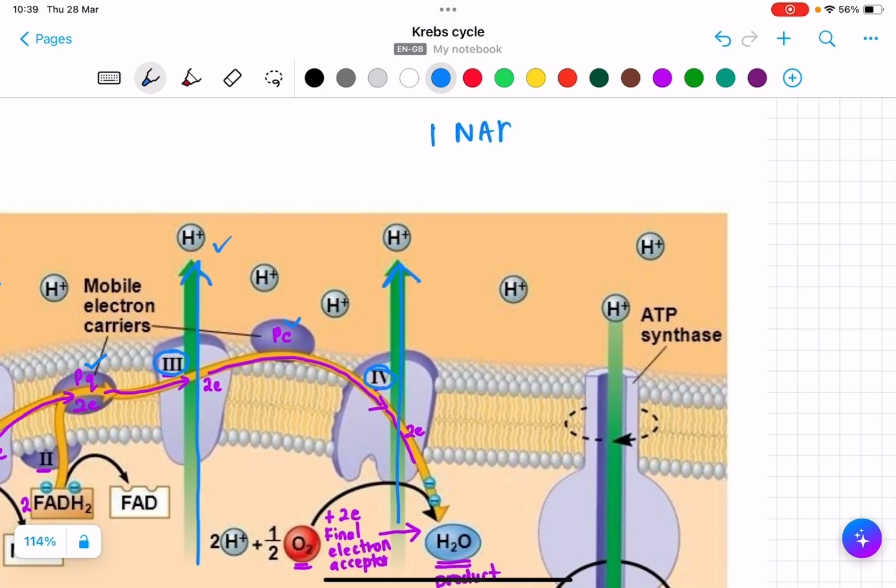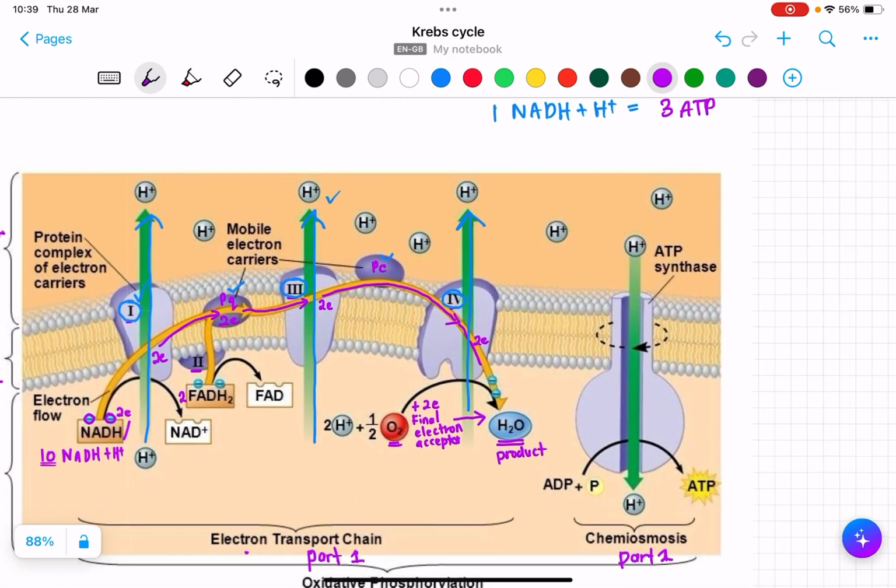1 NADH plus H plus will later on, in chemiosmosis, produce 3 ATP. How do I remember it? Because 3 complexes can pump the hydrogen ion if the electron is coming from NADH. There are 3 places it pumps, so it's going to produce 3 ATP.